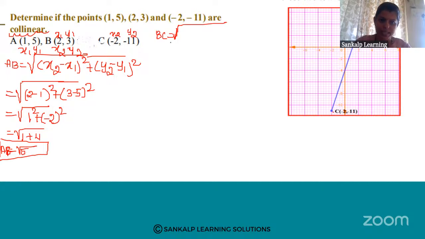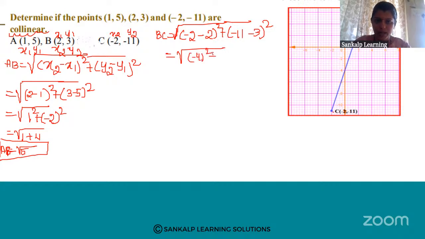Formula is x2 minus x1 whole square. So, x2 value is minus 2, minus x1 value is 2, whole square, plus y2 value is minus 11 and y1 value is minus 3, whole square. Minus 2 minus 2 that is minus 4 whole square, plus minus 11 minus 3 that is minus 14 whole square, right?